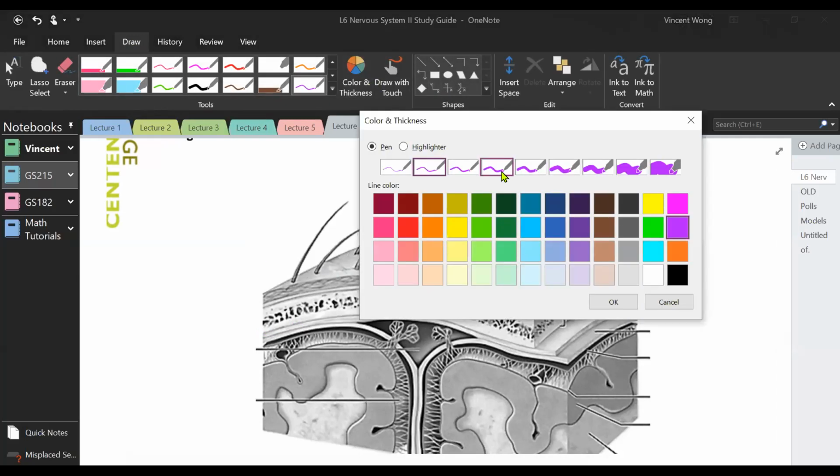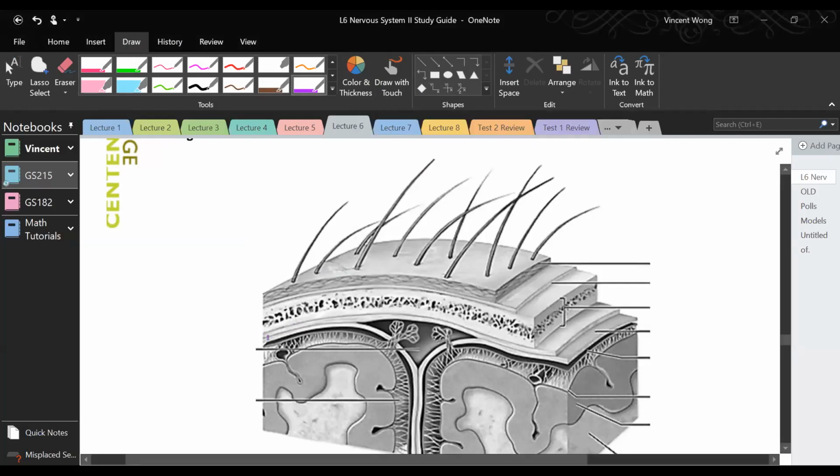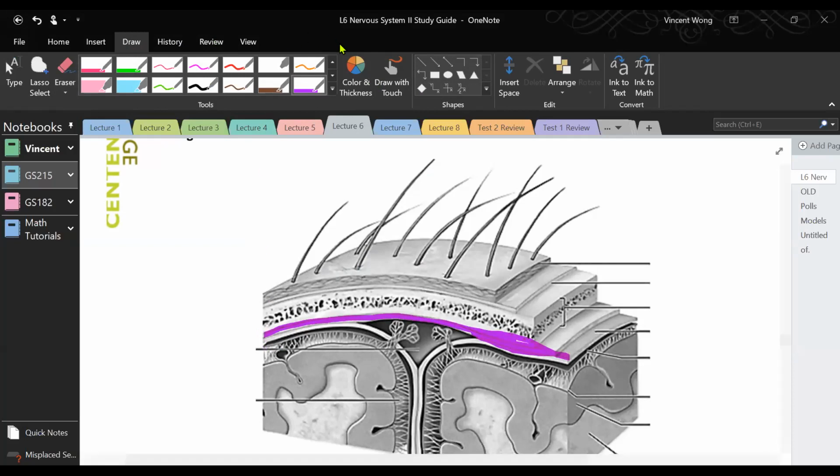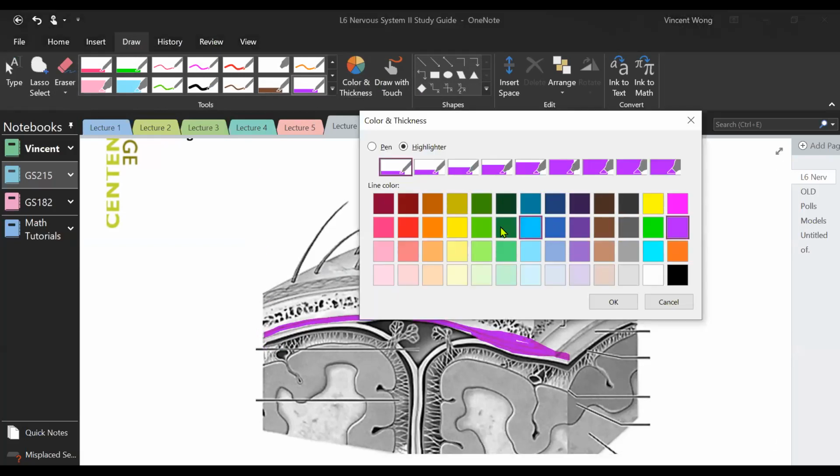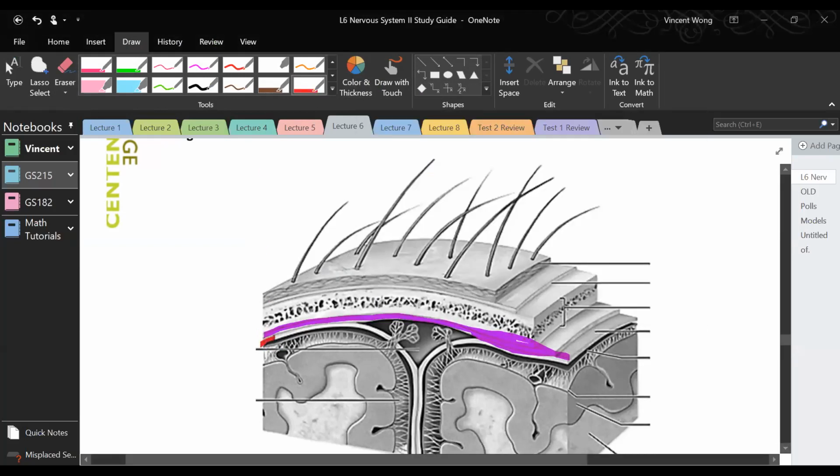Maybe I can color that for you. So that's one layer, and then it separates right here. And we color the other layer with another shade. It separates like that and creates a pocket in between. That pocket is the durovenous sinus.